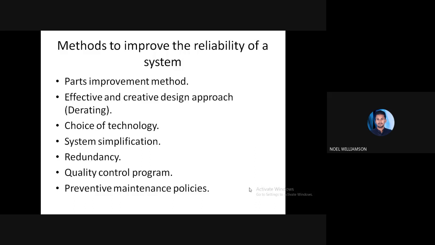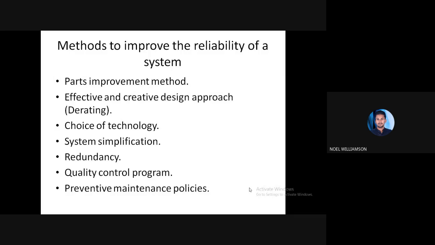Next is the choice of technology. We have many alternative technologies for the same purpose. For example, a tachometer. In the case of a tachometer, you can use a mechanical tachometer, or you can use an electronic tachometer in order to find the rotational speed.